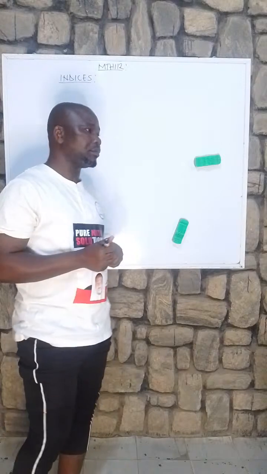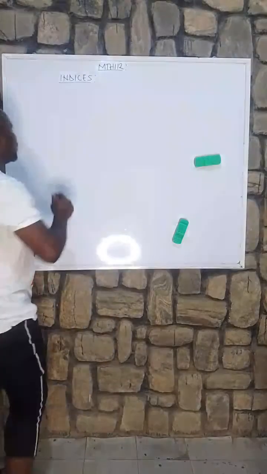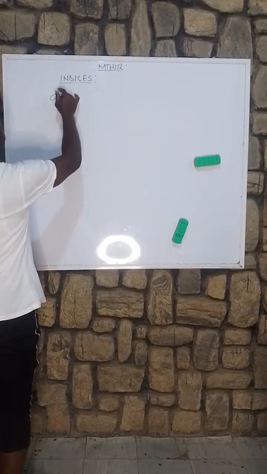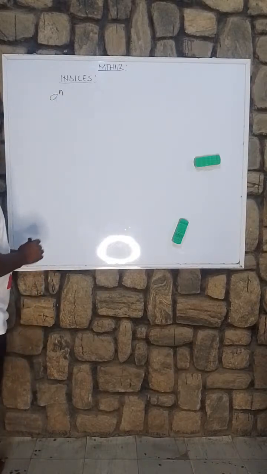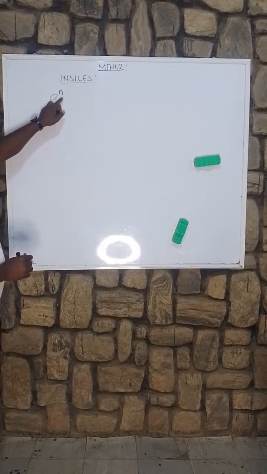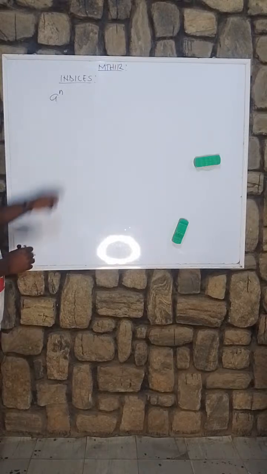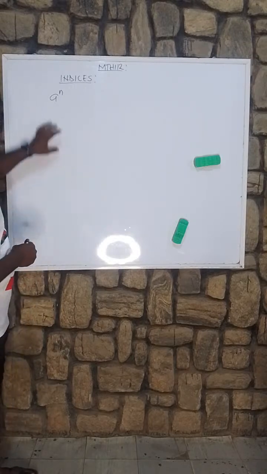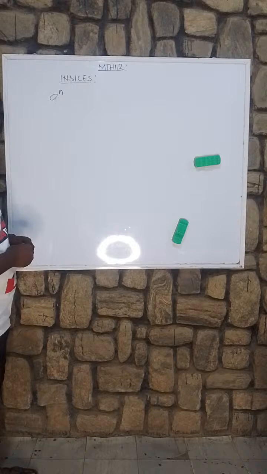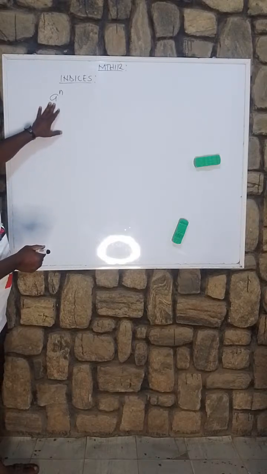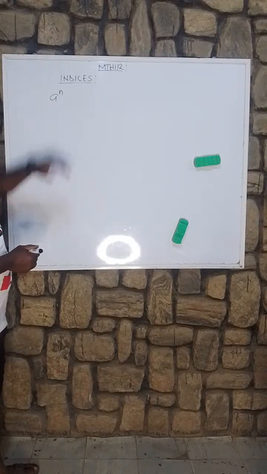Is that clear? Now, when we have an expression of this form, a raised to the power of n, you don't need a prophet to tell you this is in the form of indices. So let us now consider the laws of indices.